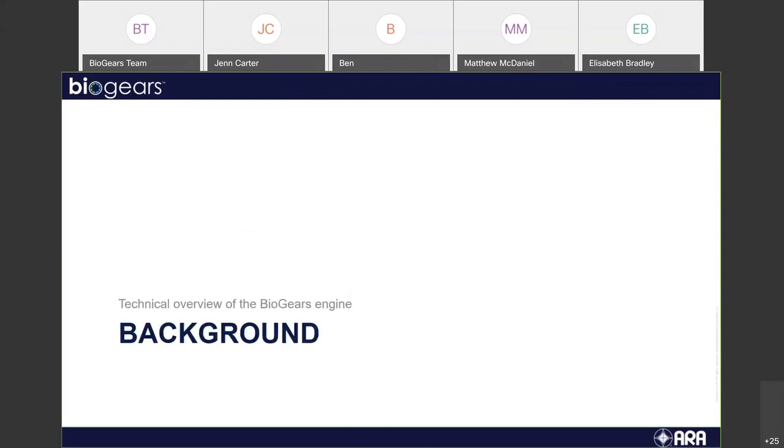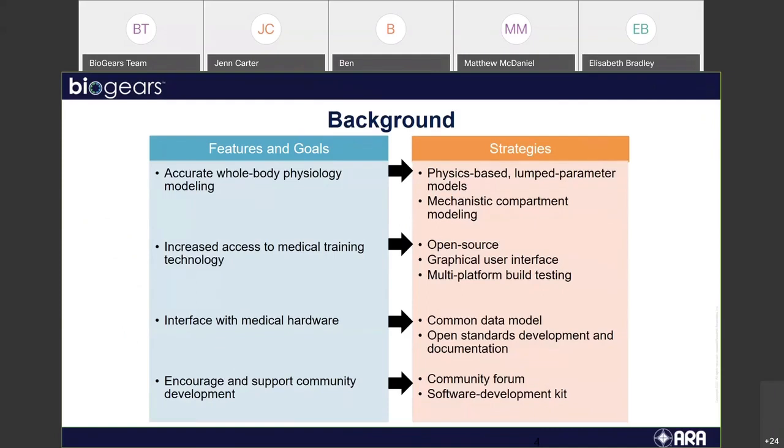So real quick, let's discuss a little bit about what BioGears is. This is a retread of what people have seen today. Some of our goals of the project: whole body physiology modeling, increasing access to care, interfacing with medical hardware devices, and encouraging open support and community involvement.